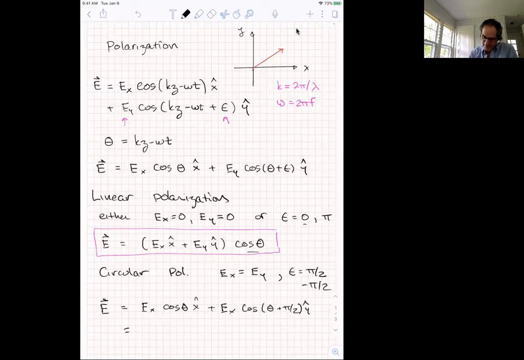Well, we can rewrite this because cosine of some angle plus pi over 2 is the same as sine of that angle. Then we can write this as Ex times cosine of theta in the x direction plus sine of theta in the y direction.